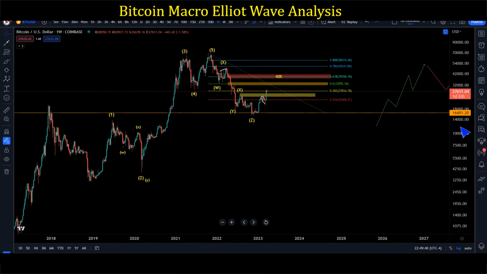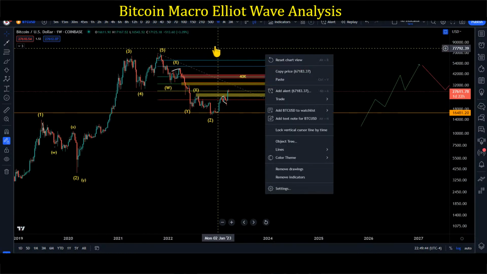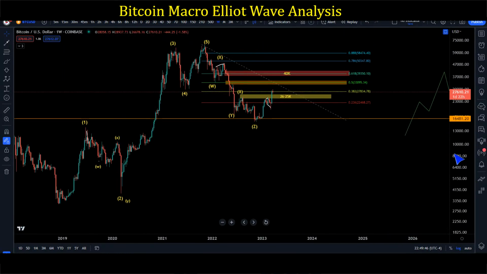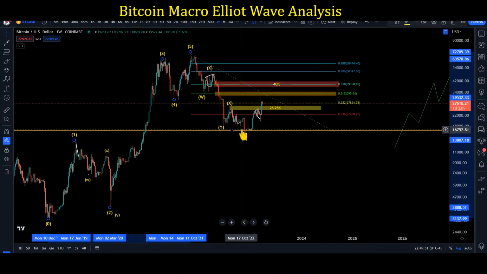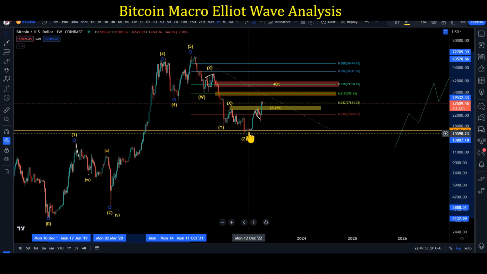So after identifying these waves, one thing we can conclude is that the probability of the W, X, Y, X, Z correction being over is pretty high.